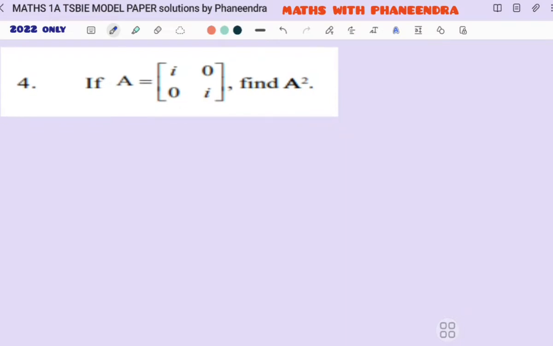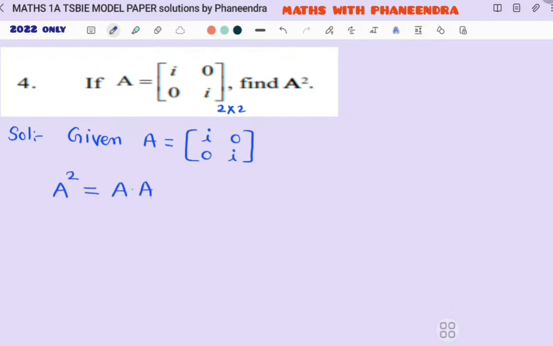If A equal to [i, 0; 0, i], a 2 by 2 matrix, 2 rows are there, 2 columns are there, they are asking to find A square. So first step is the given matrix, A equal to [i, 0; 0, i]. So A square means what?